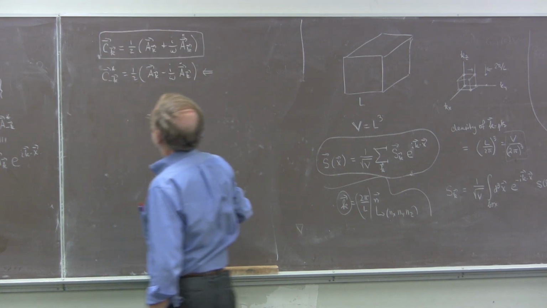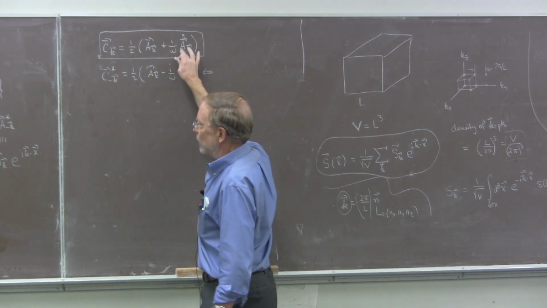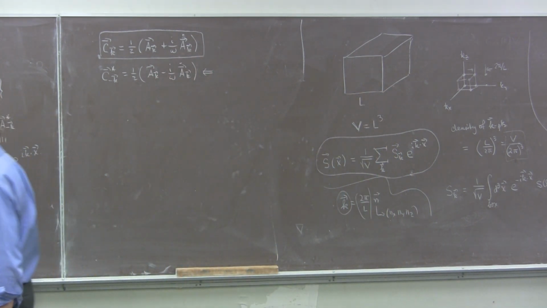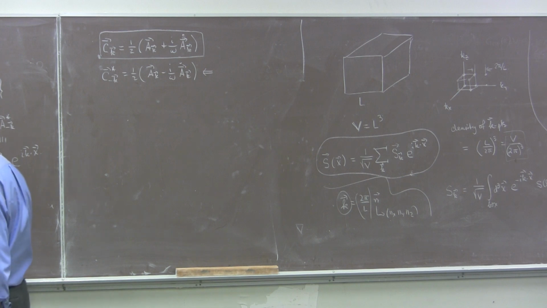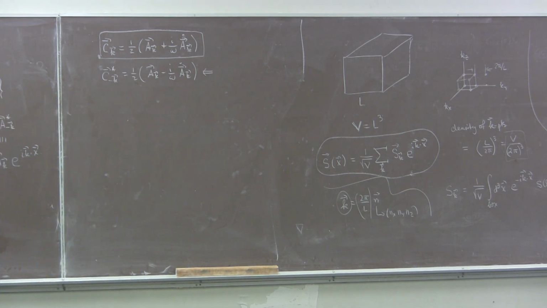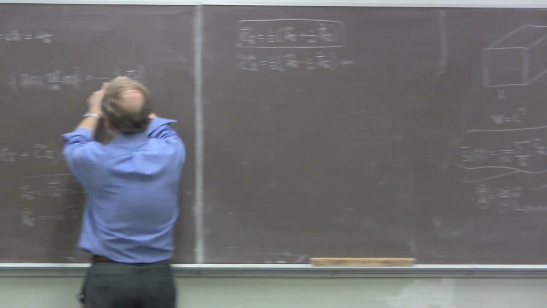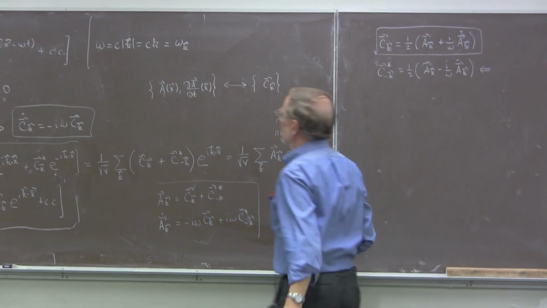The main point I want to make here is that this equation shows that knowledge of the A's gives you a unique set of C's. So this transformation, where knowledge of the C's implies the A's, works the other way as well.